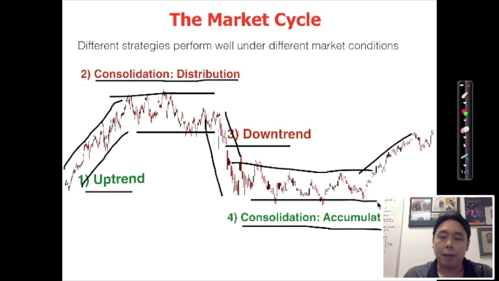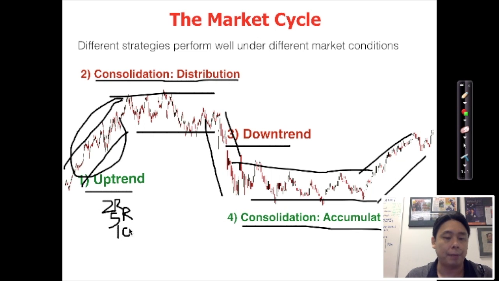It will perform under certain conditions and not so in other conditions. For example, again, if you're into trend following and you're the type of person who goes long on uptrends, you find that during this phase, you feel like a genius because anything you touch will make money very easily, and you have very high win rates, 80%, 90% win rates. You get 2R, you get 5R, you're a genius, right? And you're making a lot of money. Whoa, you're really happy, right?